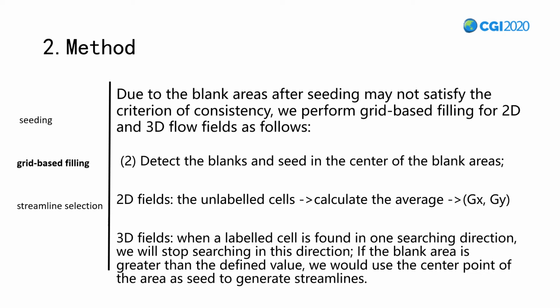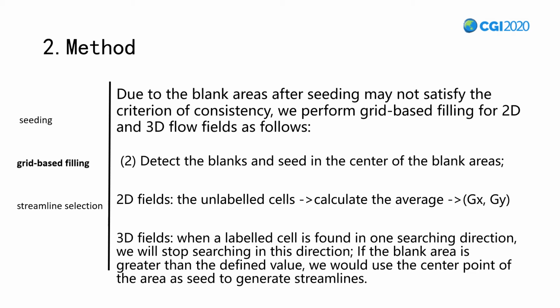In 3D fields, streamlines can now divide the space into several unconnected regions, so we change the stop strategy of searching cells as follows. When a labeled cell is found in one searching direction, we will stop searching in this direction. If the blank area is greater than the defined value, we would use the center point of the area as C to generate streamlines.